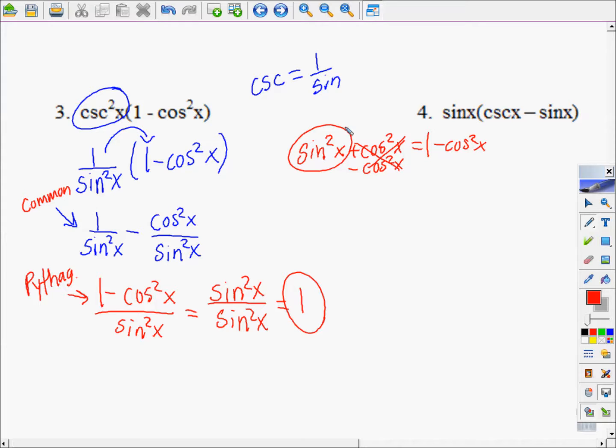So what this tells me, if someone gave me this mumbo jumbo up here, I know automatically that no matter what value of angle I plug in, the answer is going to be 1. No matter if I put in cosecant squared of 1,000 degrees times 1 minus cosecant squared of 1,000 degrees, it is going to always be 1. That's what this tells you. Because it's an identity, it's true for every single angle that you plug in for the x value.